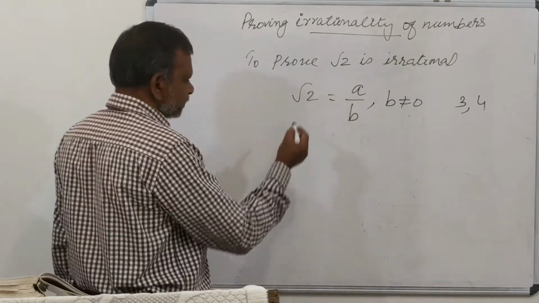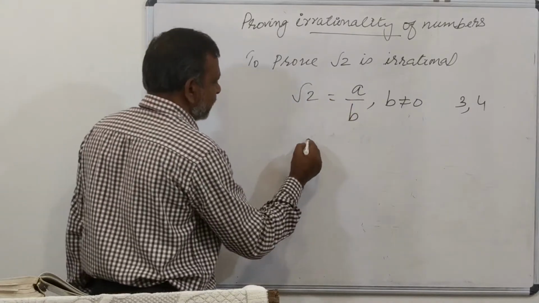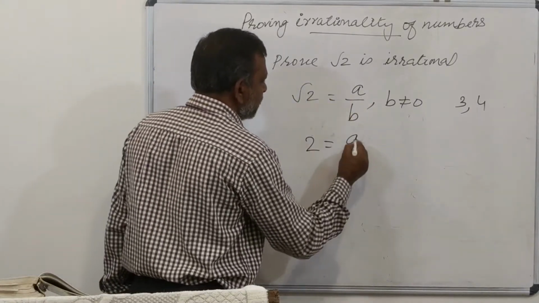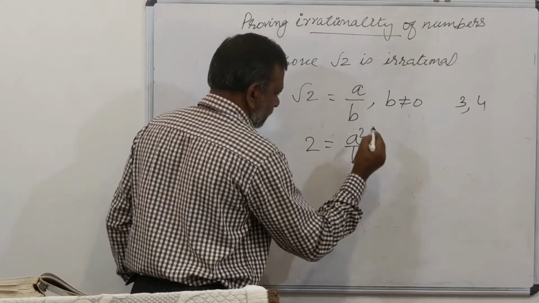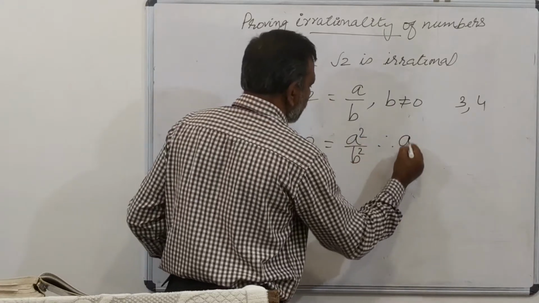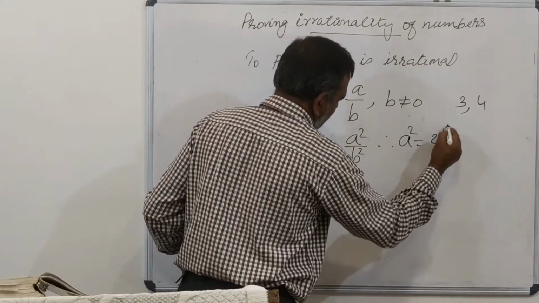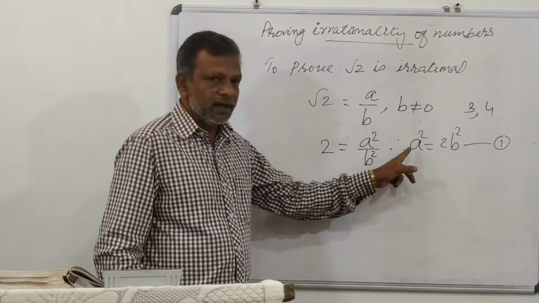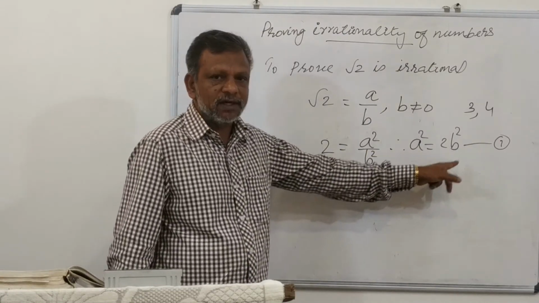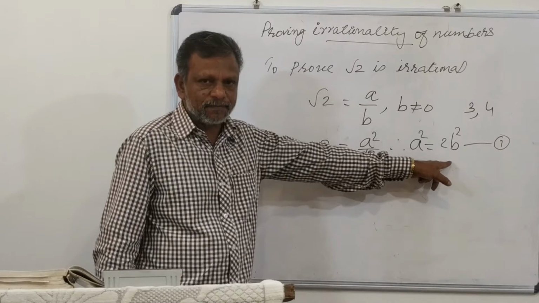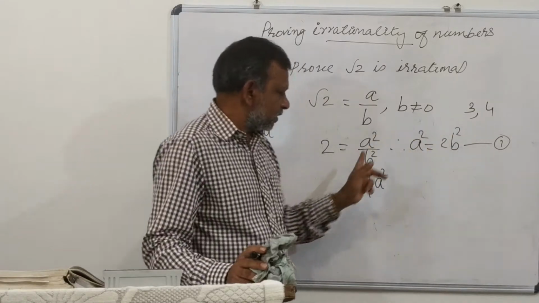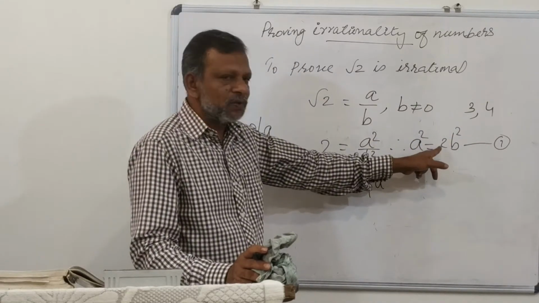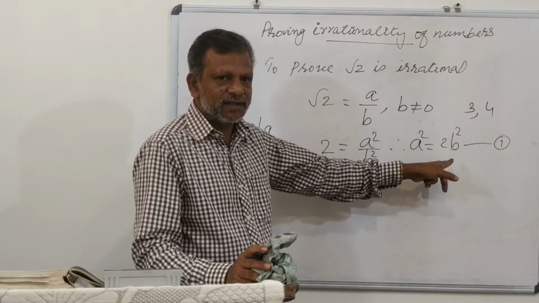Then squaring both sides, we get 2 equal to a squared by b squared. Therefore, a squared equal to 2b squared. That be equation number 1. Therefore, we can see that 2 is a factor of a squared.